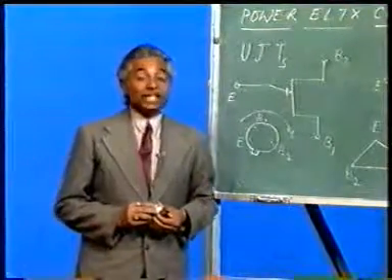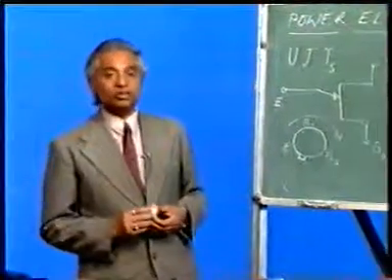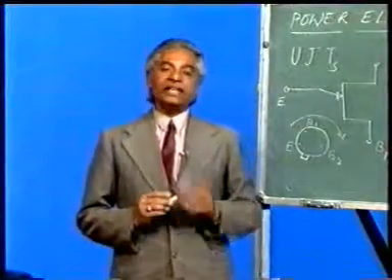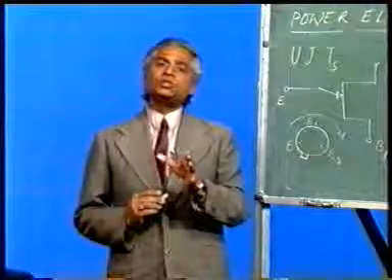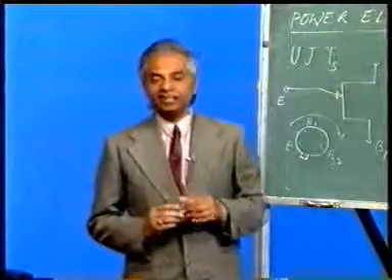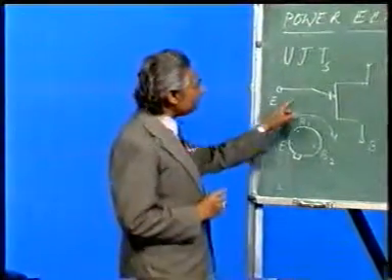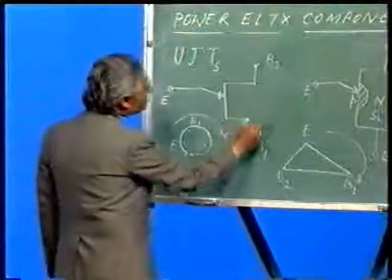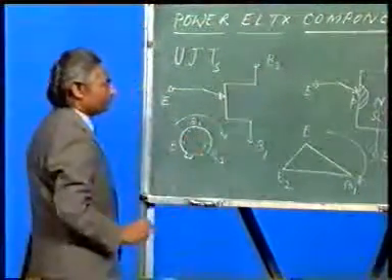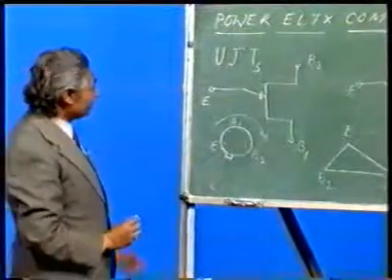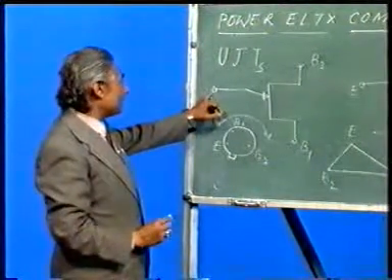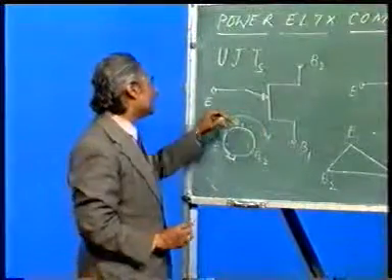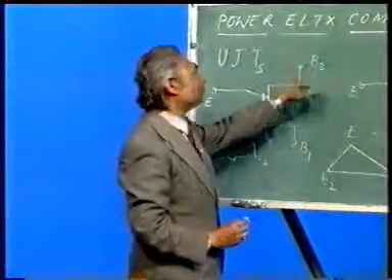But the same thing can be tested with the help of a multimeter also. For that, you have to know the resistance between emitter and base 1 and also the resistance between emitter and base 2. Now here I had given you an indication that emitter is nearer to base 2 with respect to base 1. Then what do you think? If I find out the resistance between emitter and base 1, it should be slightly more than the resistance between emitter and base 2.